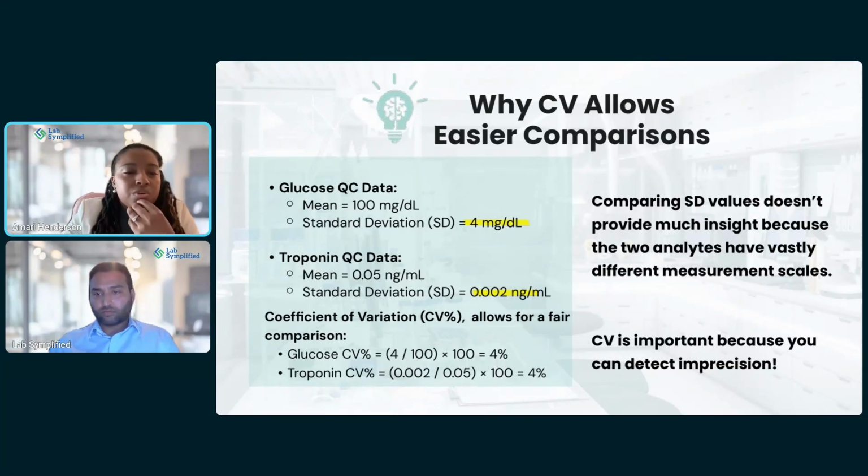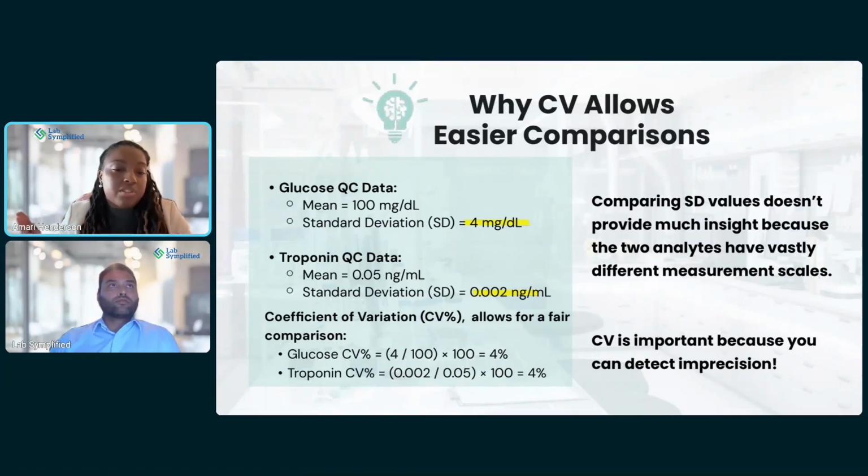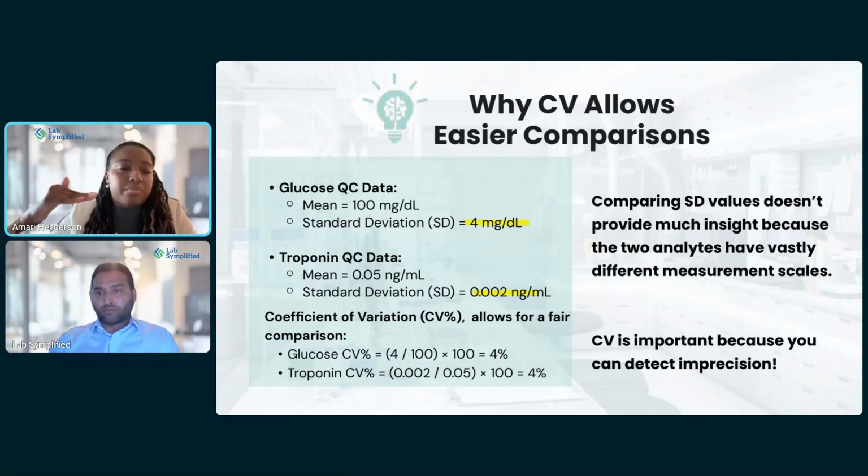When you look at coefficient of variation, because it's a percentage, it's easier to pinpoint your precision or imprecision. If I know that I have 4% CV for both glucose and troponin, I know those values are less than 5. So my precision is probably okay based on what your set goal is for precision. Normally a CV of 4% is probably acceptable in this case.